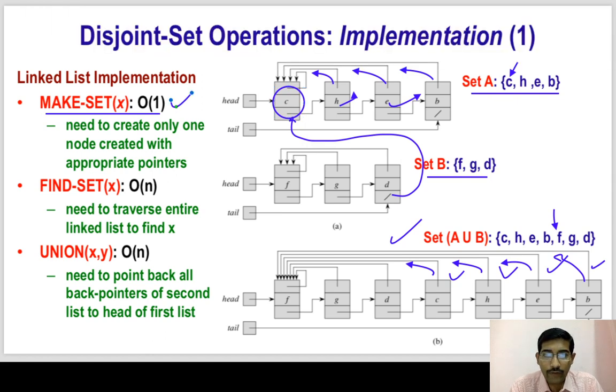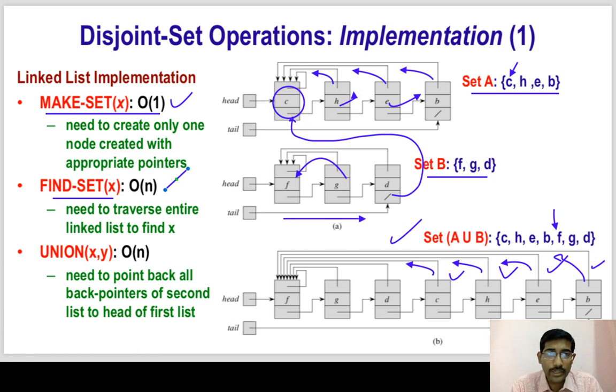Now when you have to find an element, the find set of X is order of n, because however you find, you need to traverse through the list and find that element, and after find set through this link, you need to get back the representative of that set. So traversing the entire list in the worst case would take order of n.